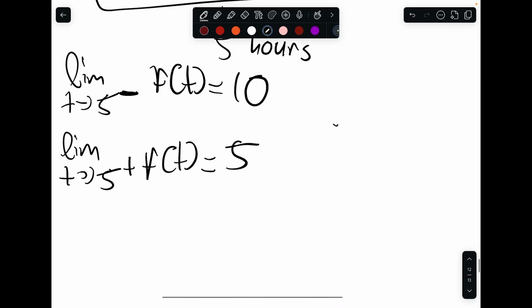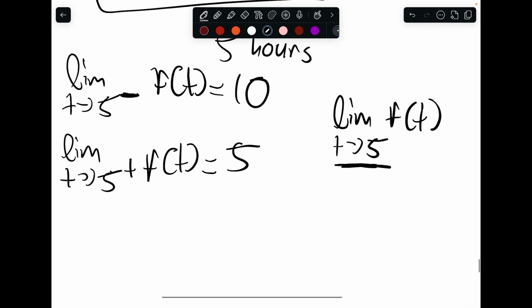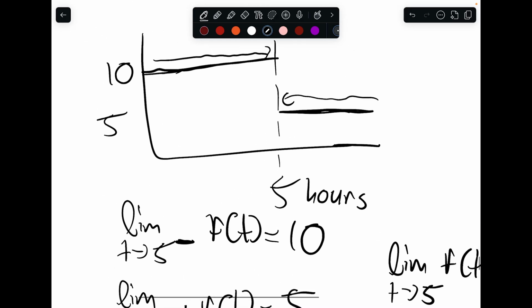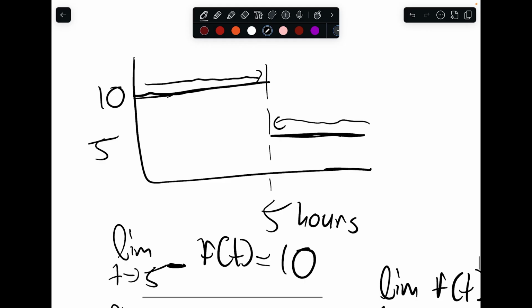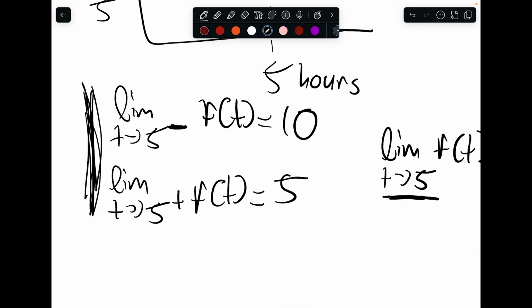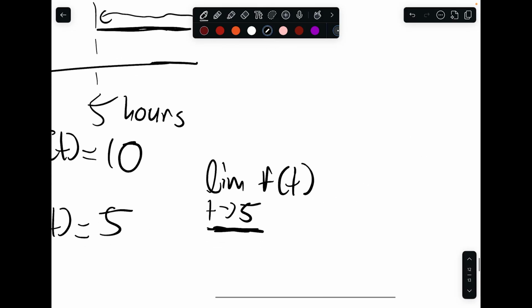For the limit of a function at a specified value, I said it has to approach one singular value when you're approaching it from both sides. But we see here, from these two limits, that's not the case. Since that nullifies the definition of a limit, we say this type of limit does not exist.